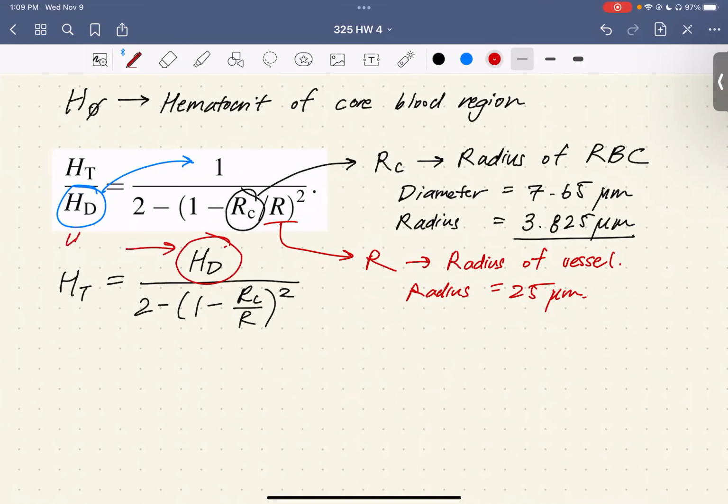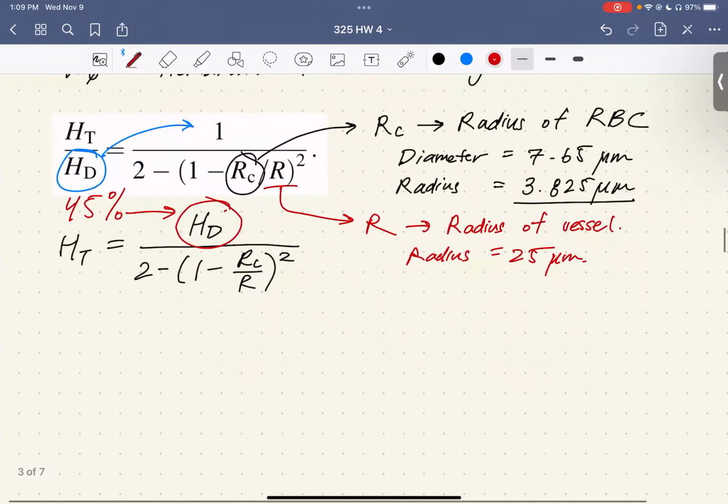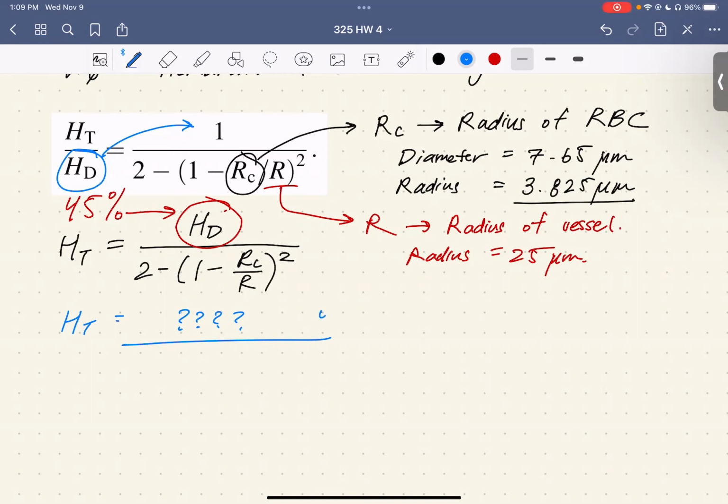We're given this in the beginning of the question. So we'll essentially plug that in, and then you should have something as your answer. HT equals something. Great. Now let's keep going. This will be in a percent as well.